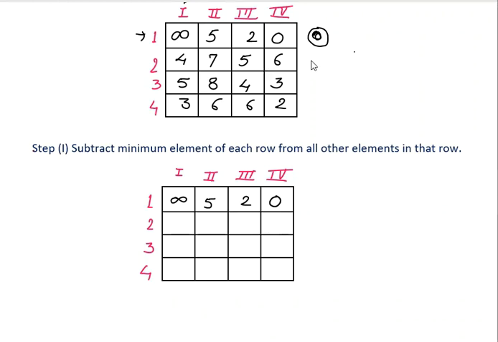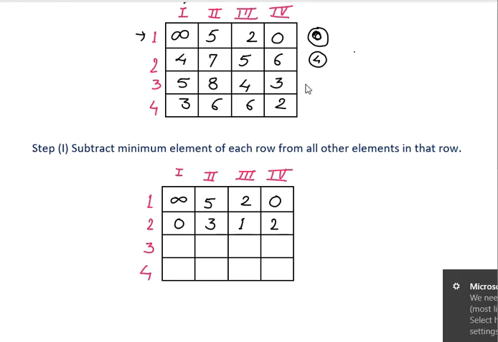What is the smallest number in the second row? 4. So subtracting 4 from all the entries in the second row, we get 4 minus 4, 7 minus 4, 5 minus 4, 6 minus 4.